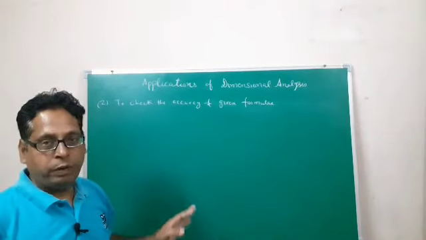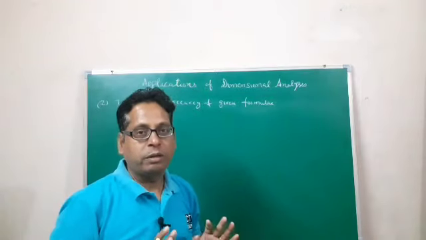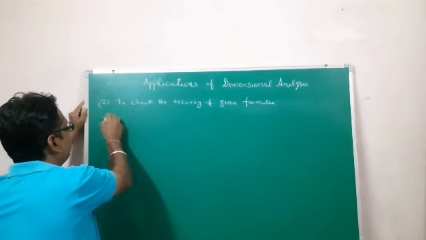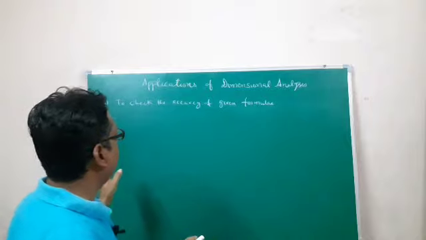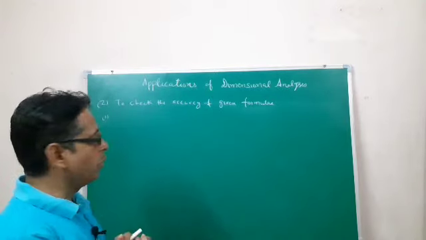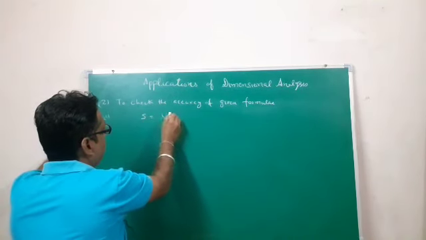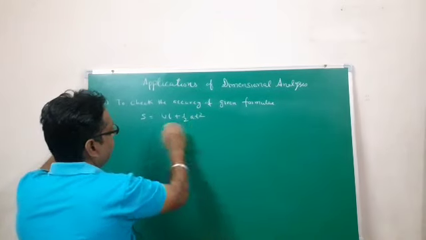Any formula will be given to us and we will just see whether this is correct or not. So let us take one example. I am taking the equation of motion. As you know, there are three equations of motion you have studied in 9th standard. So I am taking one example, that is s is equal to ut plus half at square.